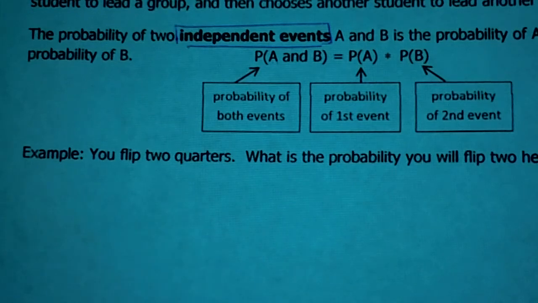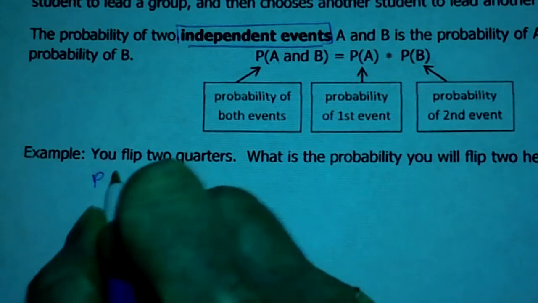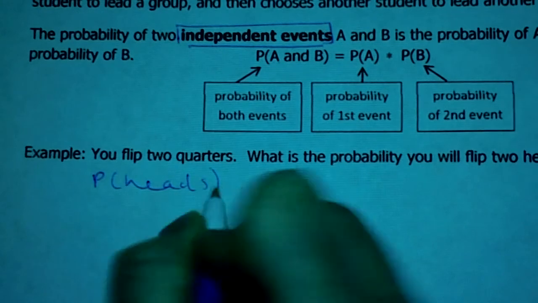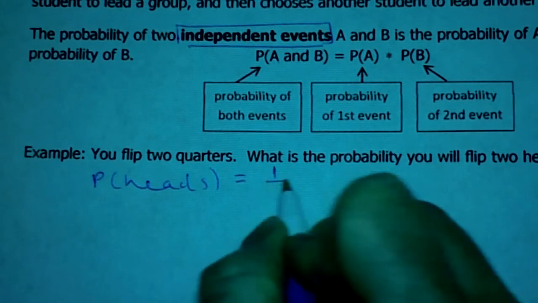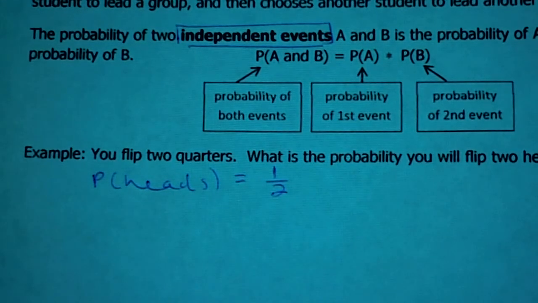So when you flip a coin, how many outcomes are there? What could happen? You could flip heads, or you could flip tails, right? So there are 2 possible outcomes. The probability that you're going to flip heads is 1 out of 2, because one of those sides is heads, right?